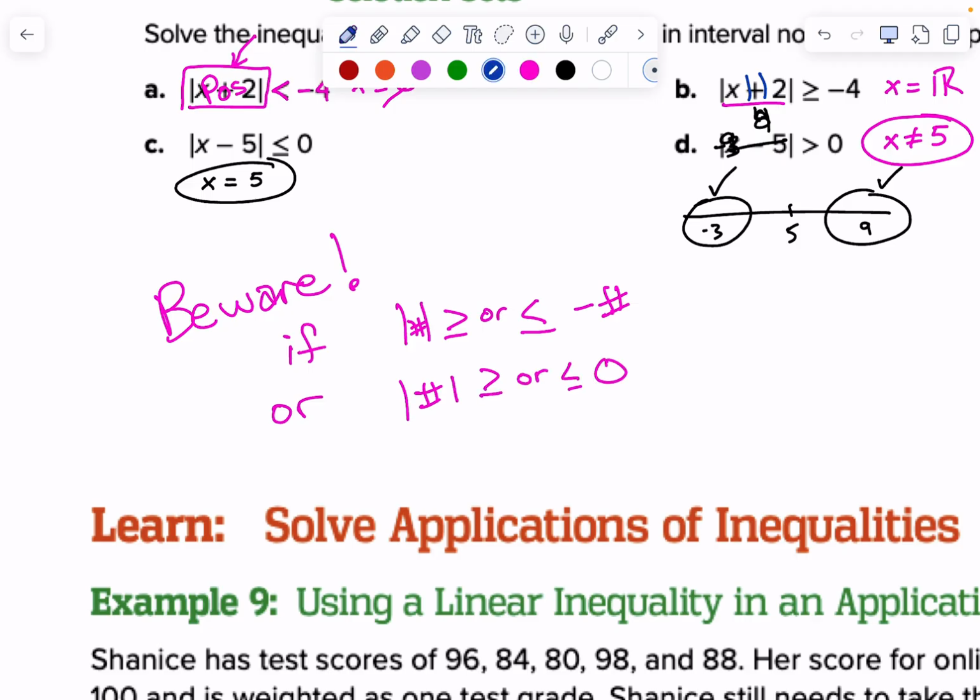So always beware if a negative number is on the other side of the inequality, or if 0 is on the other side of an inequality.